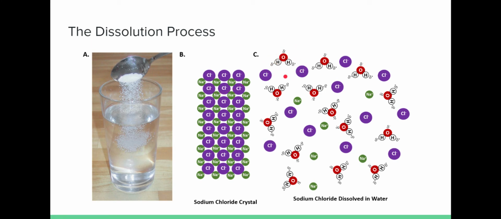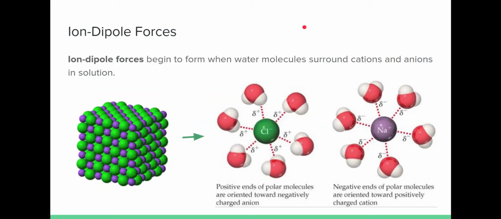Water happens to be extremely polar, and the positive side, or the hydrogen side of water, is very attracted to the negative ions. The more electronegative oxygen is more negative itself. It's attracted towards the positive ions, and water does a very good job of separating those ions that were once stuck together in that crystal lattice.